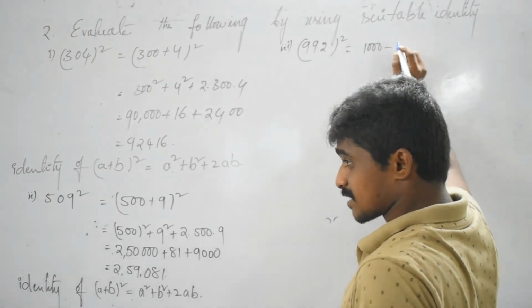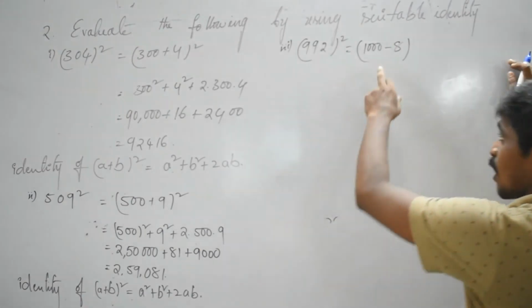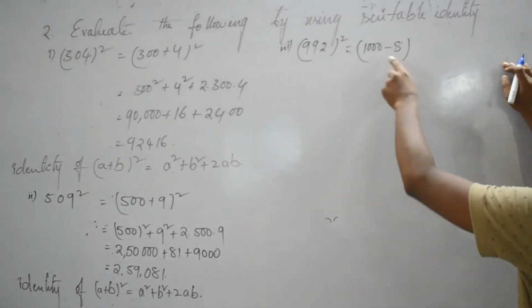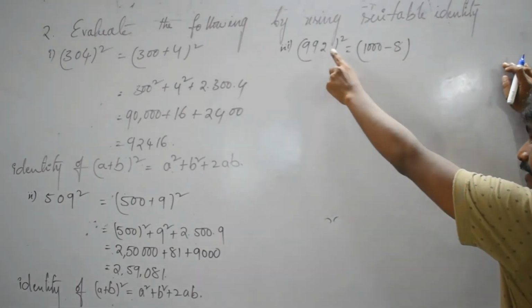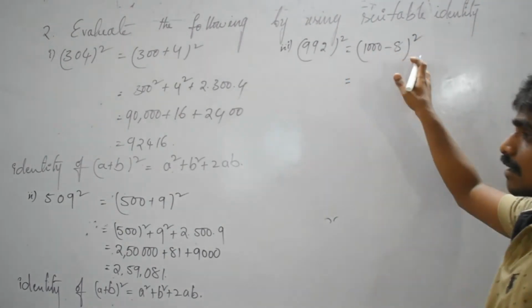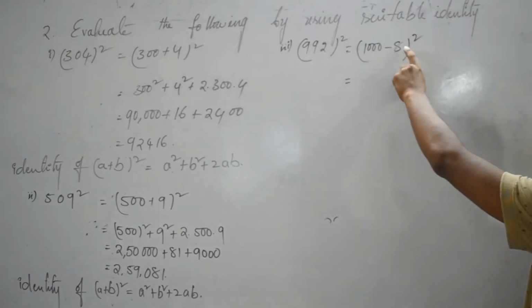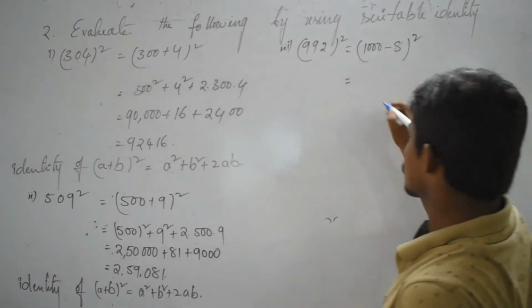How many do we subtract? 8 we subtract. Now 1000 minus 8, 992 whole square. So this is like the identity (a − b) whole square.